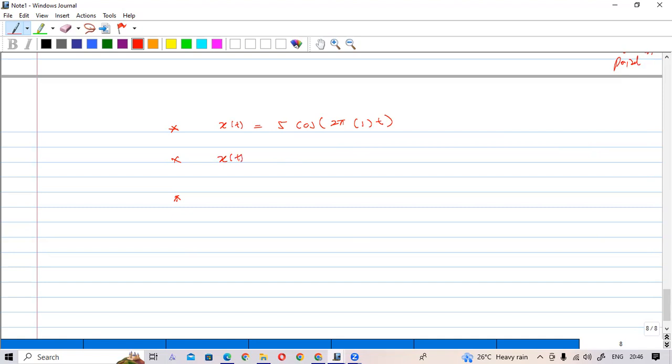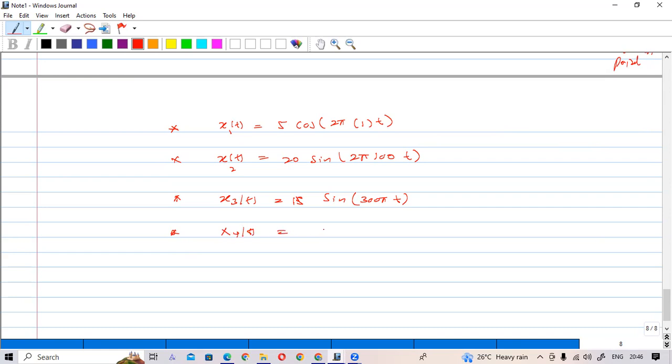Another signal, x2(t), is 20 sin 2π 500t. x3(t) is 5 volt sin 2π 30t.